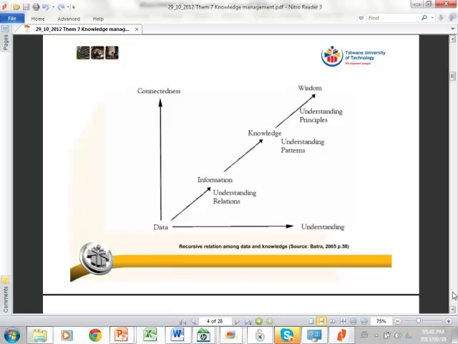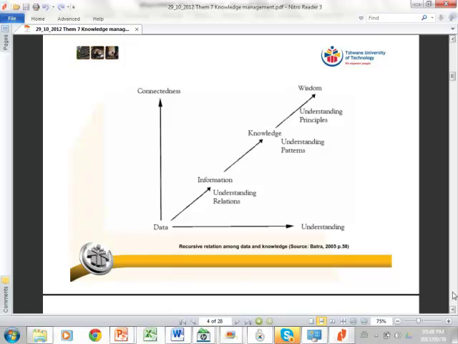Okay, and then to get to knowledge, this is when we need to start understanding patterns. So when it is strike season, our projects normally underperform in terms of hours spent during August. Do you agree with me? Because now we are busy understanding the patterns inherent in the data.